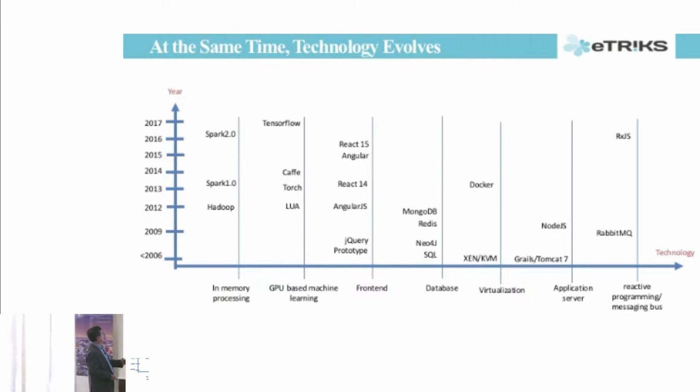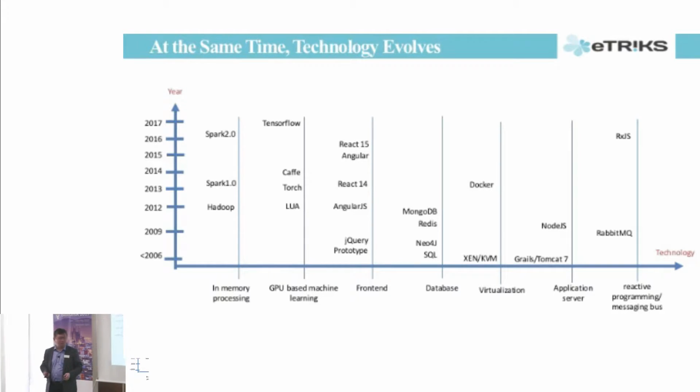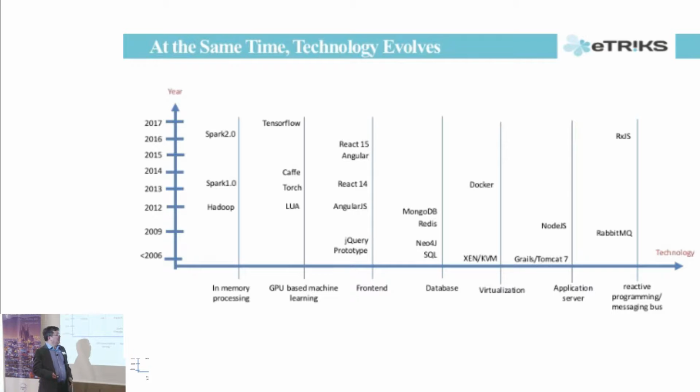And you had never heard about machine learning on GPU when we started the project. But these days, TensorFlow is the system we use daily for machine learning. Front end changed quite a bit. And also the database, we heard about Neo4j, MongoDB, and when the project started, it was just at the very early days.